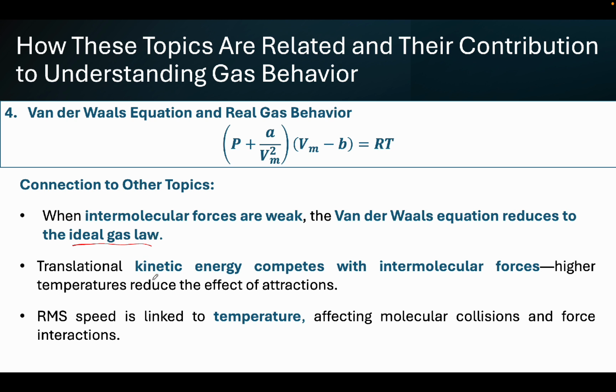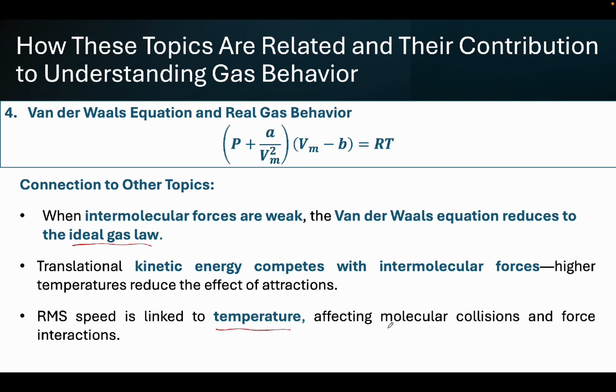Also, translational kinetic energy competes with intermolecular forces, which means that higher temperatures reduce the effect of attractions. And the root mean square speed is linked to temperature, affecting molecular collisions and force interactions.